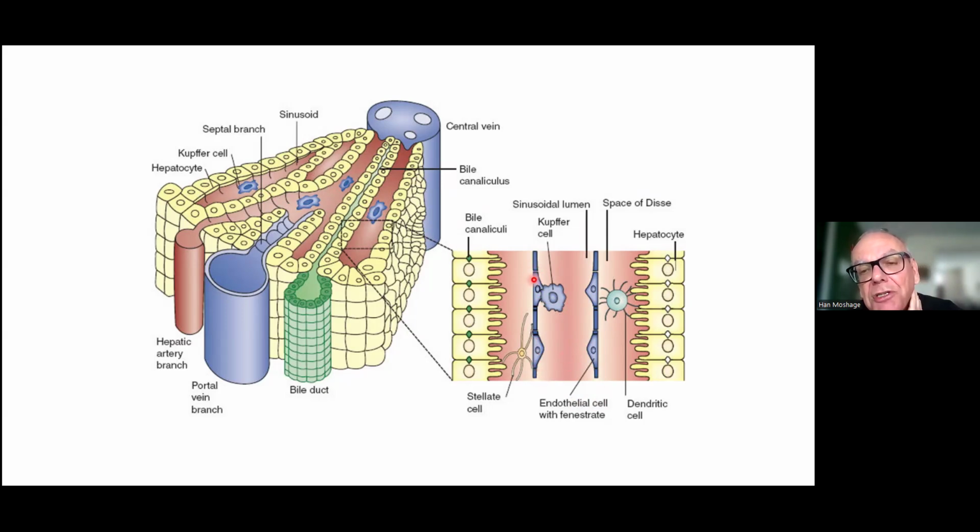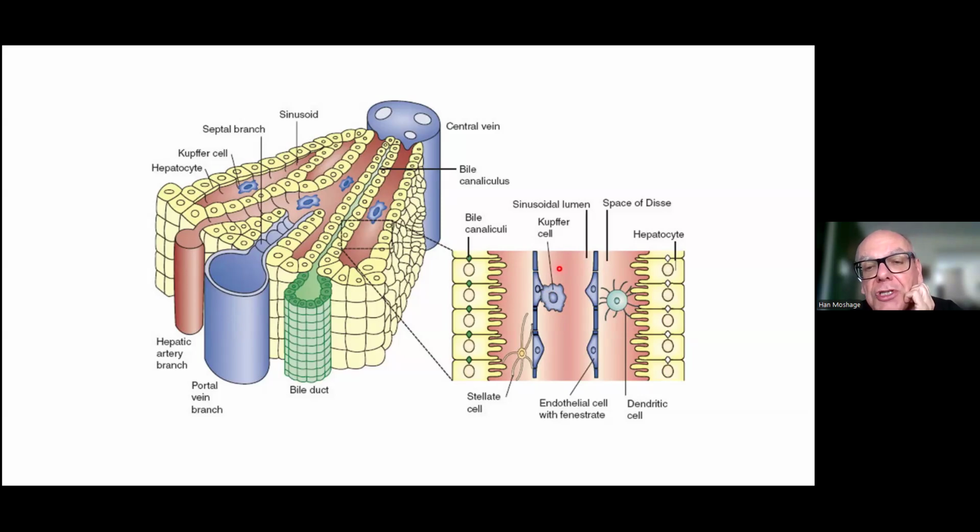In the vascular system, the endothelial cells form a continuous lining, but here you can see that there is space between the endothelial cells, facilitating exchange of nutrients to the hepatocytes and from waste products to the blood. And in addition, these cells also contain pores that allow exchange of these components.